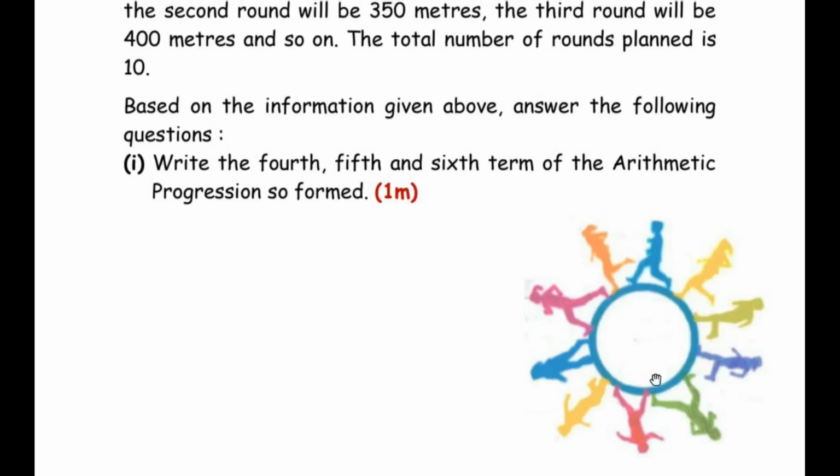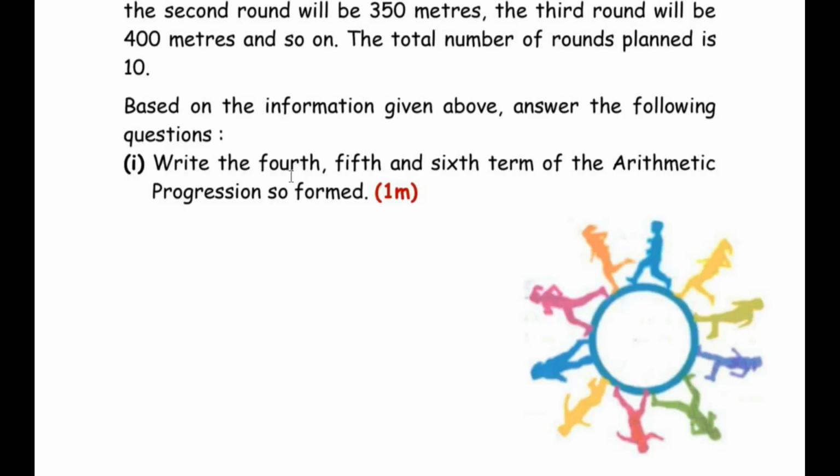Now to increase the challenge level, the organizers increase the distance by 50 after each round. Means when this person, for example, is going around the track for the first time, he is going to cover a distance of 300 meters. For the second round, he has to go 50 meters more, that is 350 meters, and it goes on. So for each round, 50 meters has been increased.